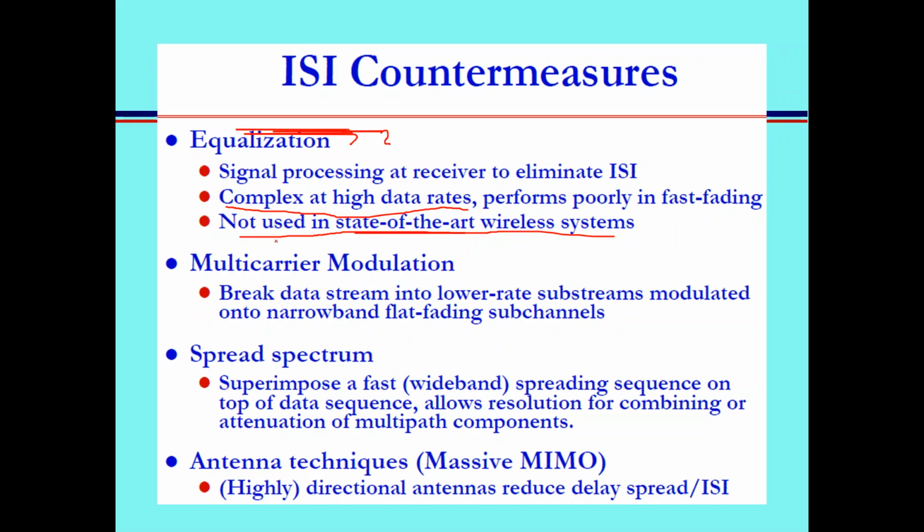So after that, another technique that helps us remove the inter-symbol interference is multicarrier modulation. This comes to address the equalization problem in the time domain. I told you equalization is very difficult in the time domain. OFDM, for example, which is orthogonal frequency division multiplexing modulation, an example of multi-carrier modulation, uses frequency domain equalization.